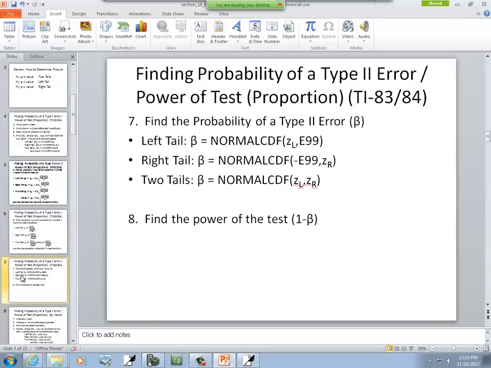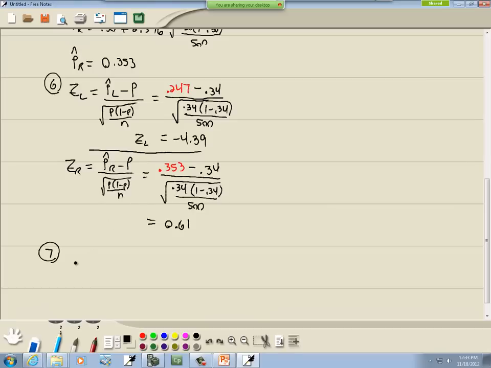For two tails, it tells us beta is equal to normal CDF of Z sub L, which is negative 4.39, comma, Z sub R, which is 0.61. Guess I should have written down the formula first.